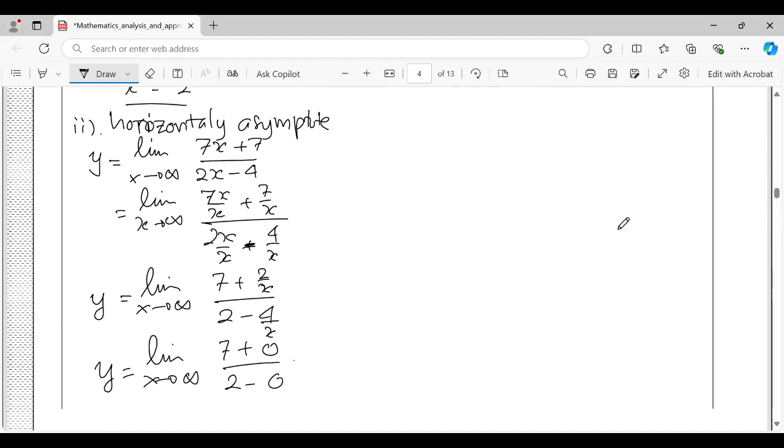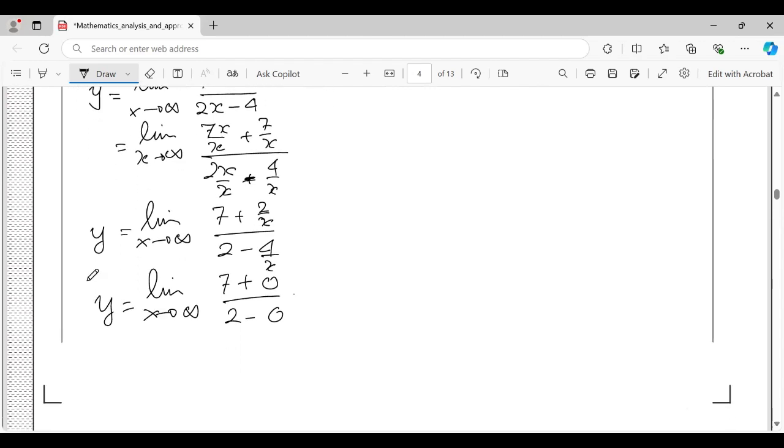So the equation becomes y equals 7 over 2. This is the equation of the horizontal asymptote.